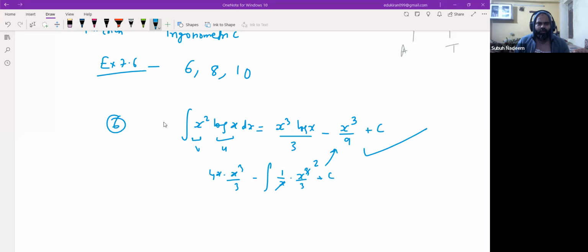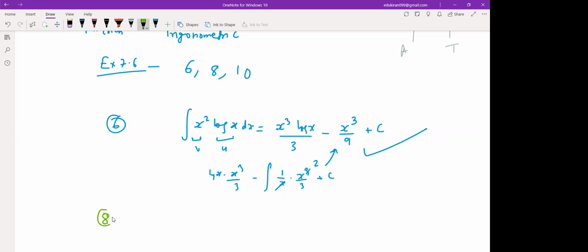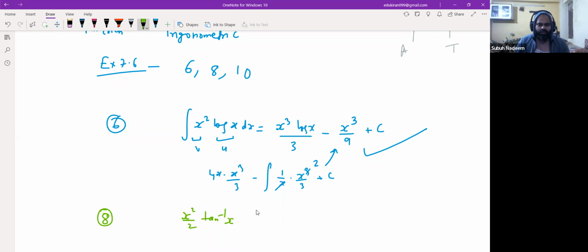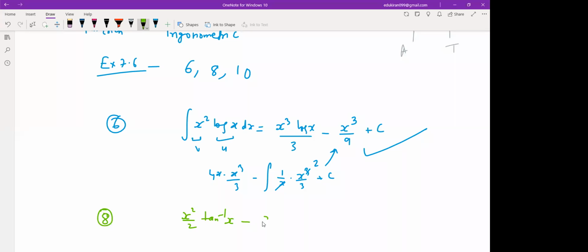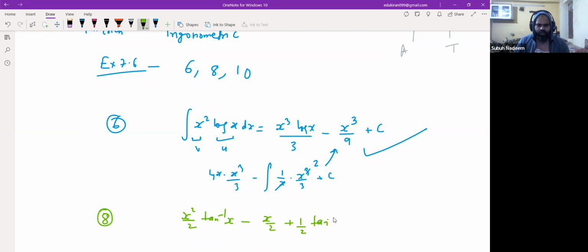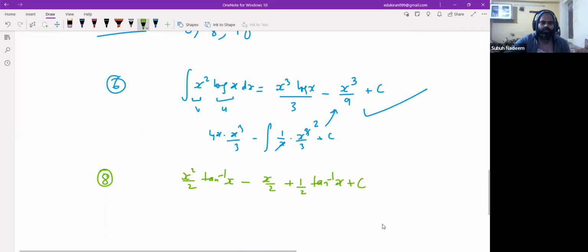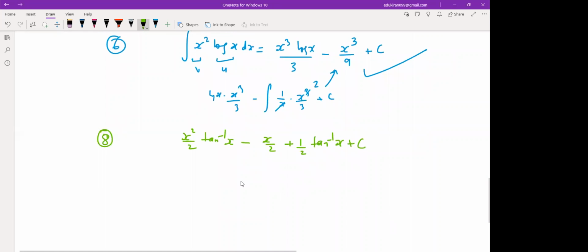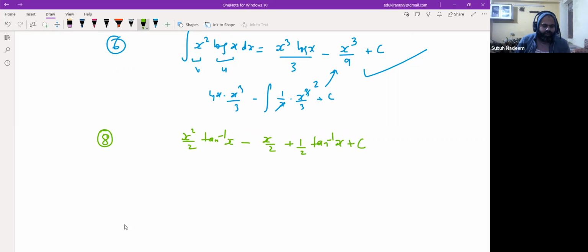Eighth one, how are you approaching? Oh, so for the eighth I got the answer x squared by 2 tan inverse x minus x by 2 plus half tan inverse x plus c. How have you started it? I took tan inverse x as u and x as v.